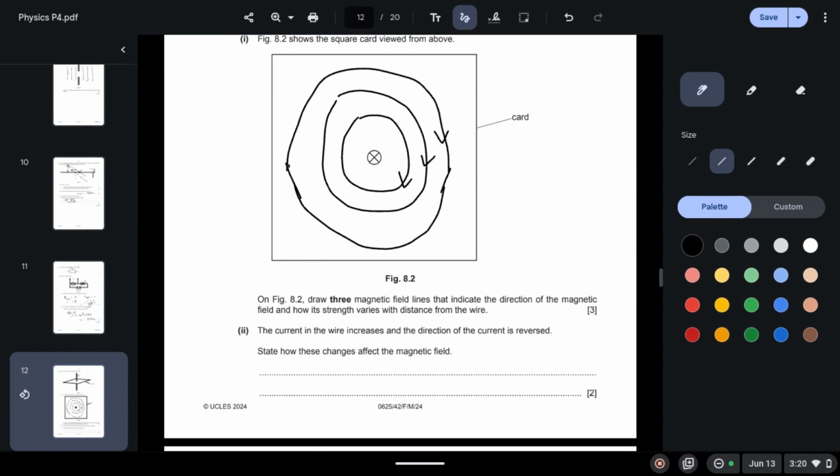We also have to state the direction of the magnetic field and how its strength varies with distance from the wire. So as the distance increases, the magnetic field strength decreases.